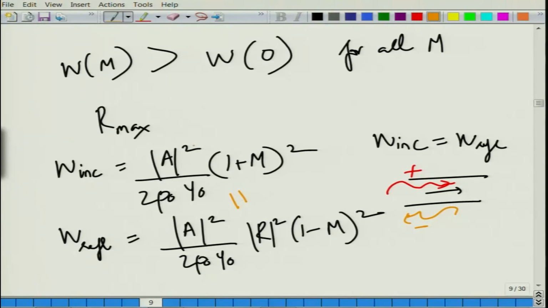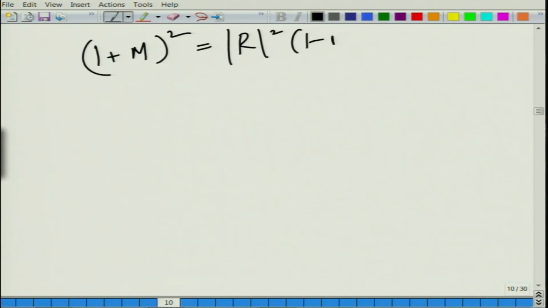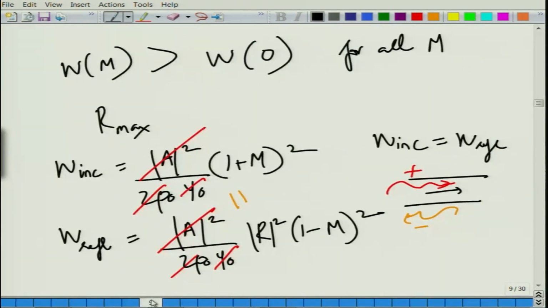When we do this, obviously this will cancel and so will this, resulting in (1 plus M) whole square equal to mod r square times (1 minus M) whole square. This is the maximum reflection coefficient, maximum because, as I just explained, it is the case when the entire acoustic power carried in the positive z direction is reflected back.